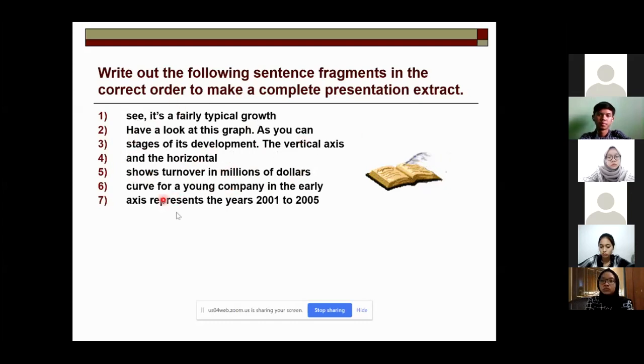So would you please arrange them first? Okay, I will give you around 3 minutes to arrange these puzzled sentences so that you can combine them into one statement. Okay, ready? All right, 3 minutes from now on, go.